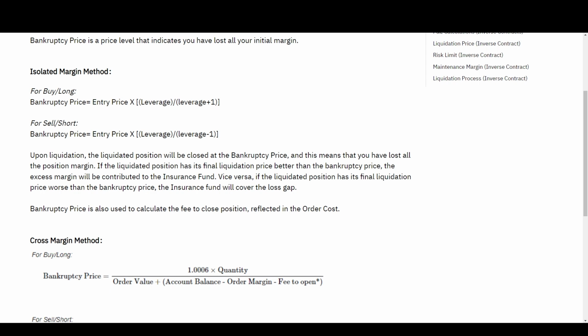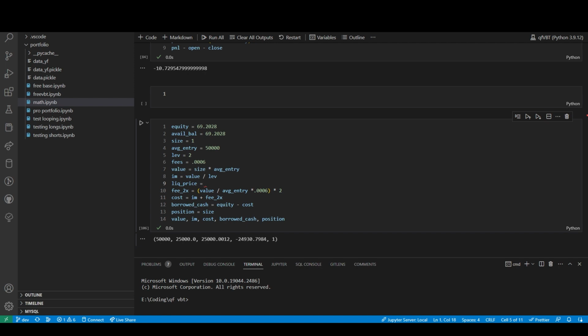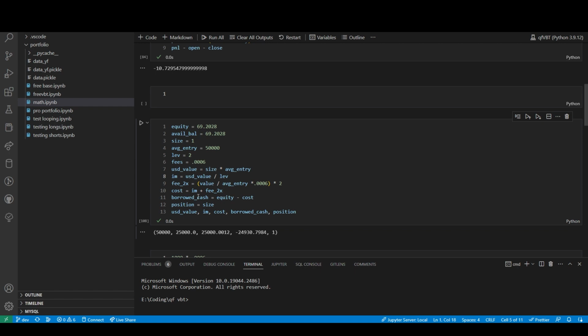Okay. So I'm going to have to go in and change a lot of math. A lot of math. Also, I'm realizing that I'm doing this for the inverse perpetuals. So I need to actually go over USD value, initial margin's value by leverage.